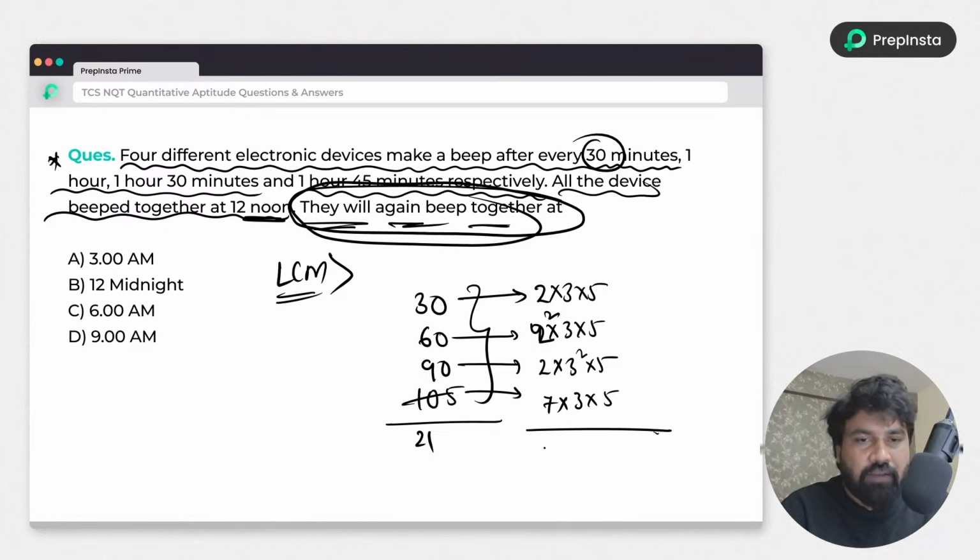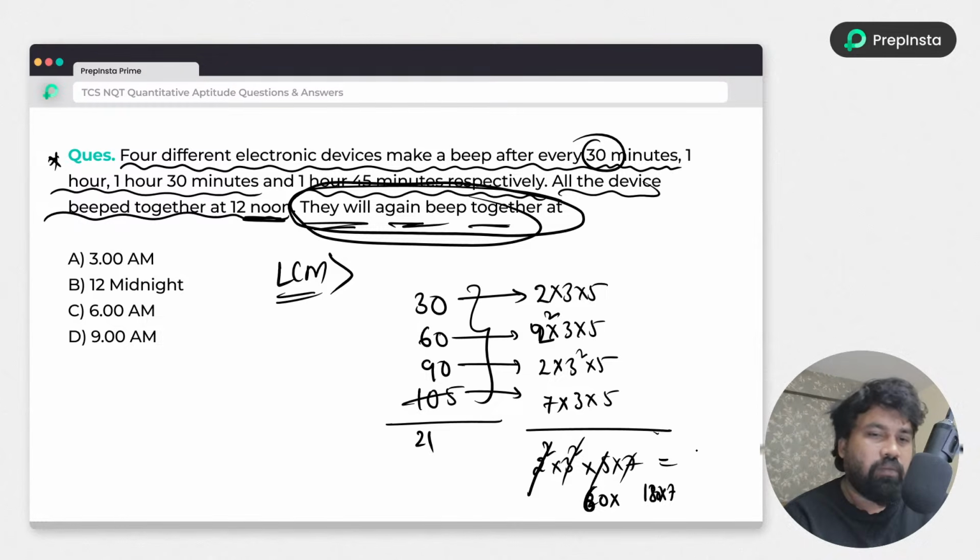So if you take the LCM, the highest is 2 square into 3 square into 5 into 7, which is equal to 20 into 9, 180 into 7.